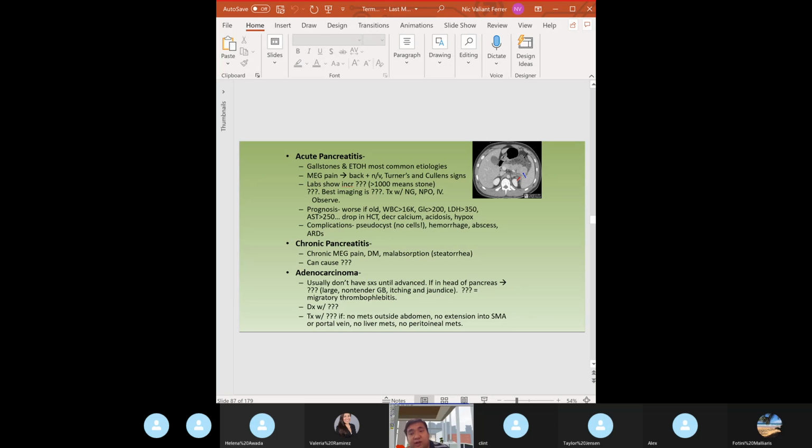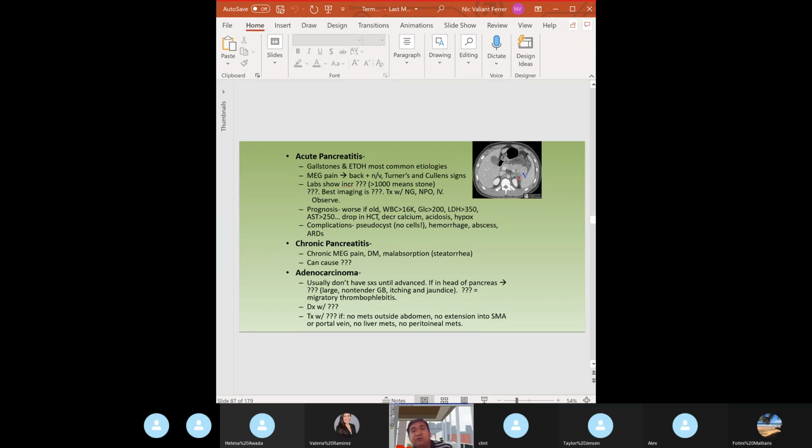You have itching, you have jaundice, and you have a large, non-tender gallbladder, right? Remember, if the cancer is in the head of the pancreas, what organ is closest to the head of the pancreas? Your gallbladder. So you have a large, non-tender gallbladder. We call this one Courvoisier sign.